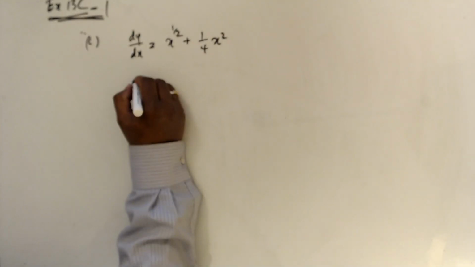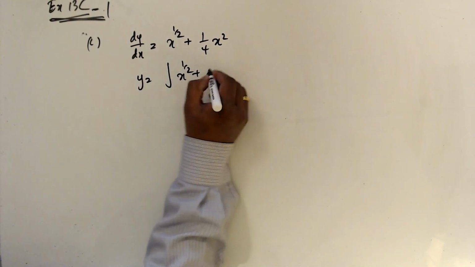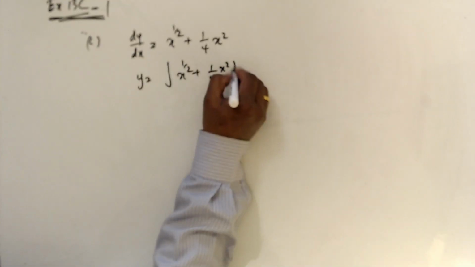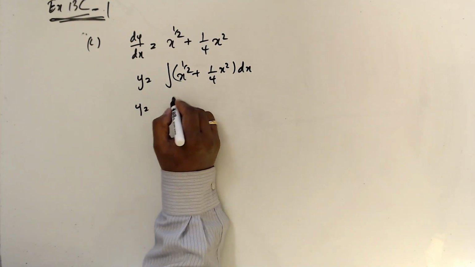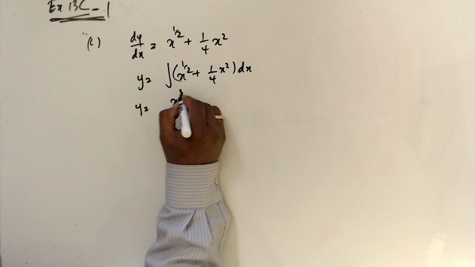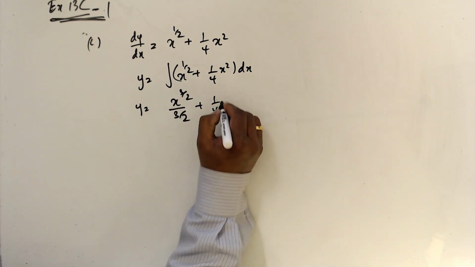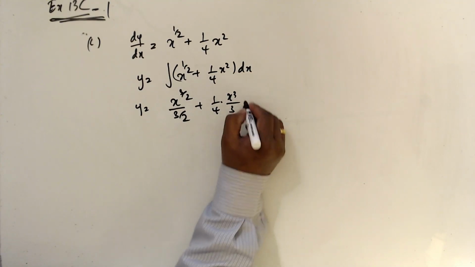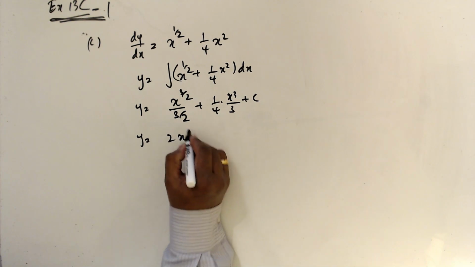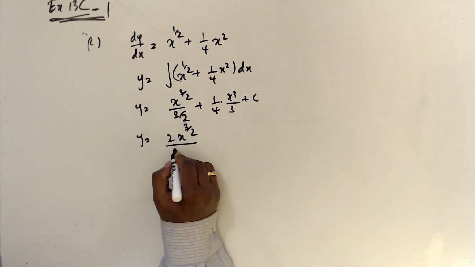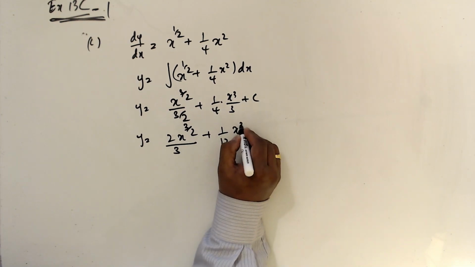Part C, you can find y by integrating this one. y equals x to the 3 over 2 divided by 3 over 2, plus 1 over 4 x cubed over 3 plus c. So this is y equals 2x to the 3 over 2 over 3 plus 1 over 12 x cubed plus c.